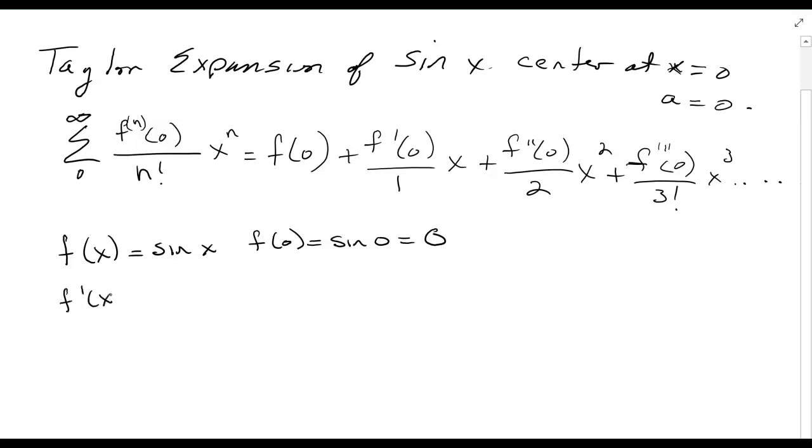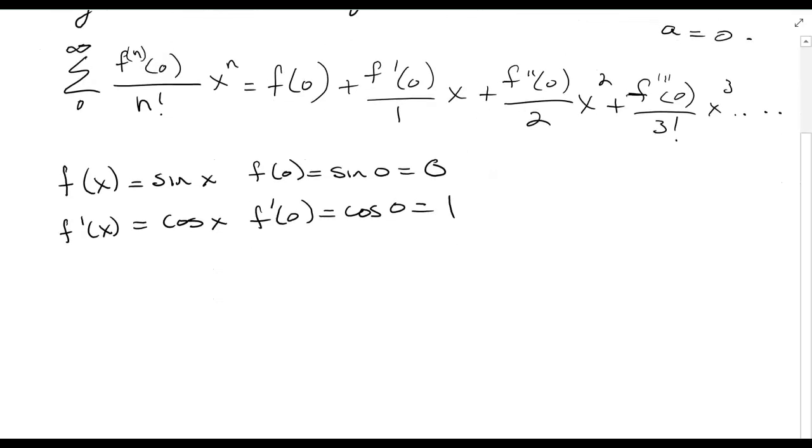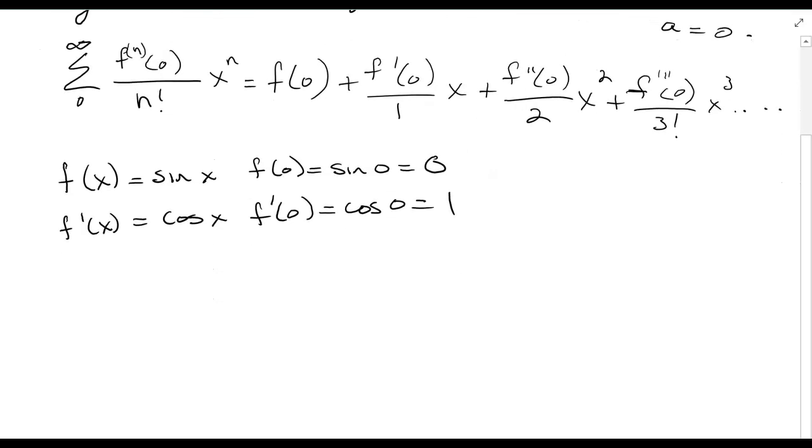So f prime, the first derivative of x, is cosine x. Cosine of 0 is 1. All right, so you get the idea. We're going to work this out to help us find our coefficients. The second derivative is going to be negative sine x.